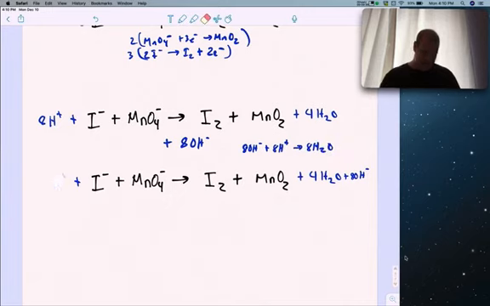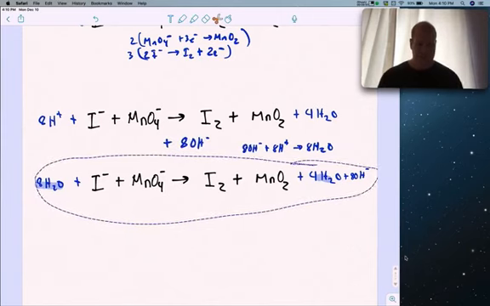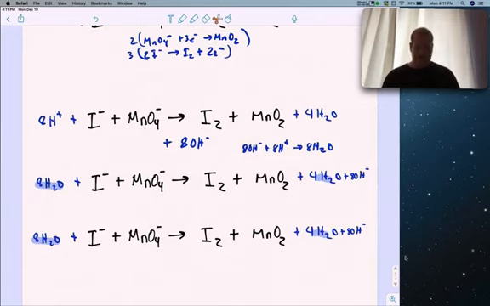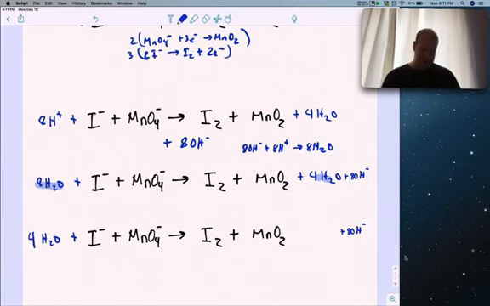So this side here is going to react and form 8 H2Os. Now we have H2Os on both sides of the equation. So I'll just go ahead and copy this. So I went ahead and pasted that there. We have the 4 waters here and 8 waters here. So what we can do is get rid of 4 of the waters, like so. And so now this is the overall equation.